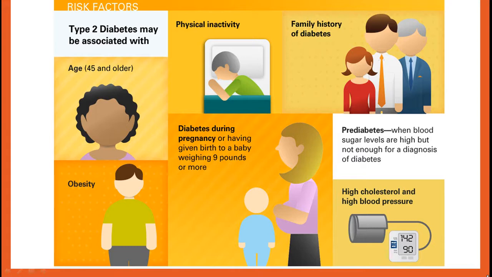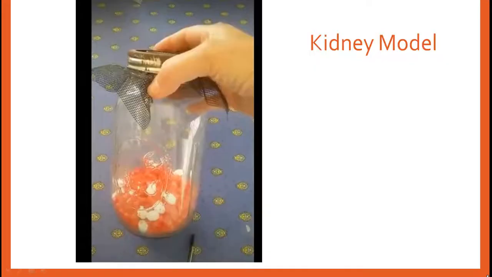I never had gestational diabetes, so I'm happy about that. Family history is big. And then pre-diabetes has to do with early indicators, where you're spilling glucose in your urine regularly, something like that. High cholesterol and high blood pressure can all lend toward risk factors for diabetes.